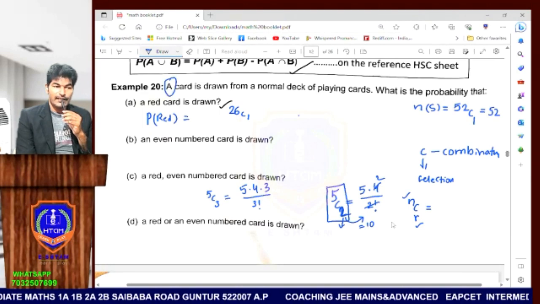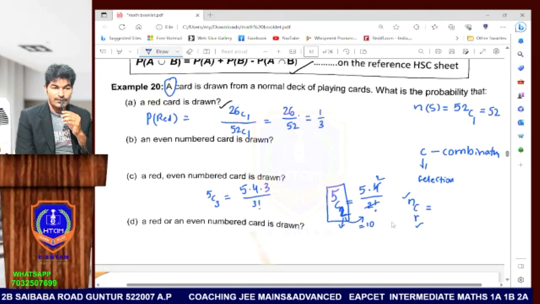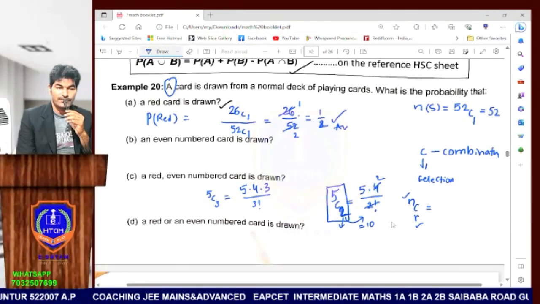He said a card, and a card means only one card. So 26C1 out of 52C1, that is 26 out of 52. This will be 1 by 2, because 26 goes into 52 two times. Understood? Okay, so this is the answer to this question.